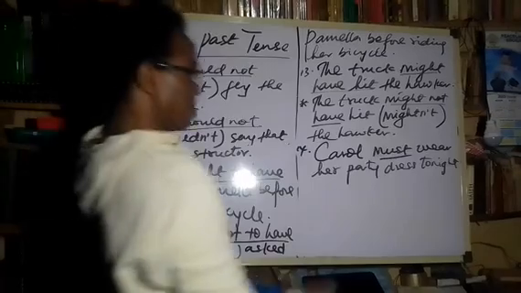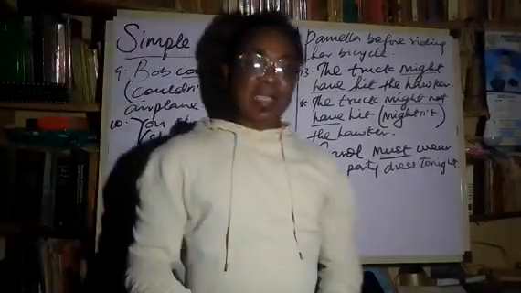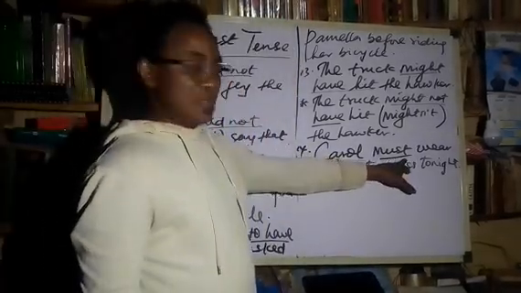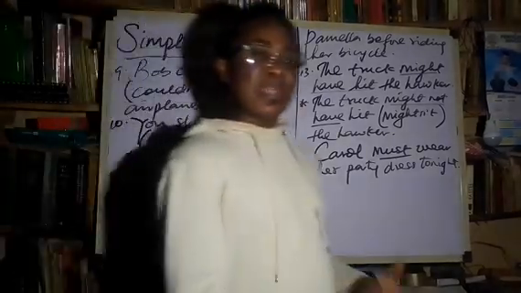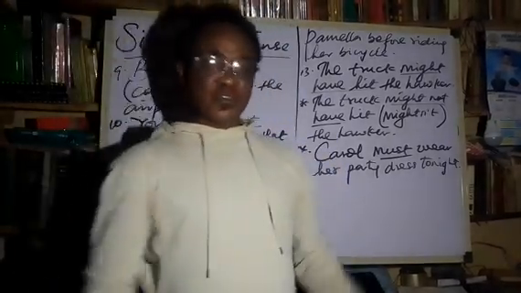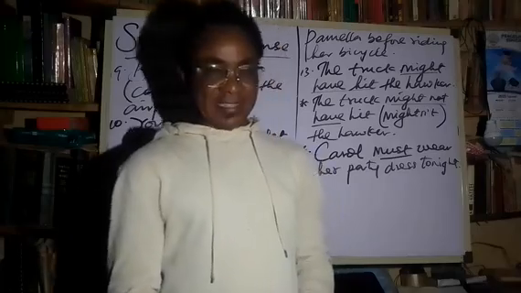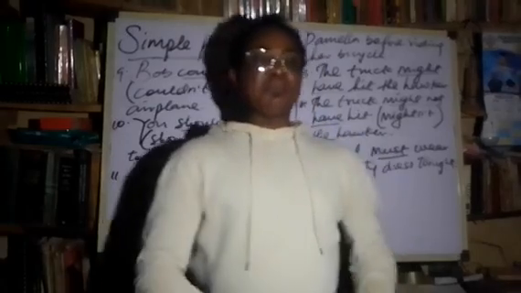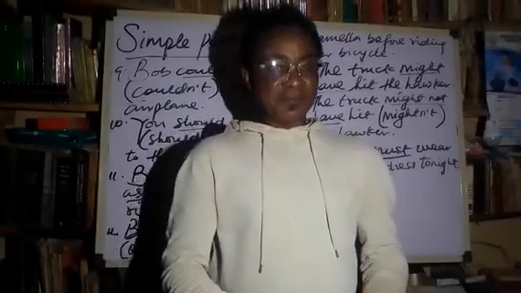Sentence 14 says, Carol must wear her party dress tonight. Now I must remark at this juncture that the auxiliary verbs must and ought to have no present tense. They are used only in the past and again in the present. So they can be said to be both present and past, because must is used to talk about that which is imperative, something that has to be done.